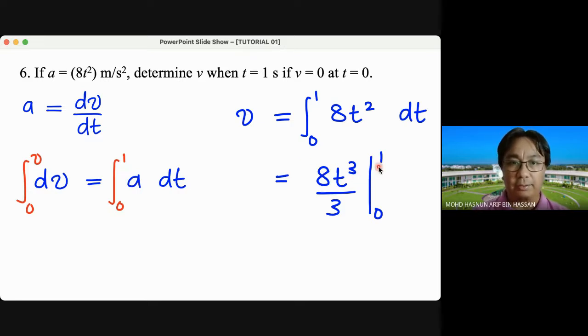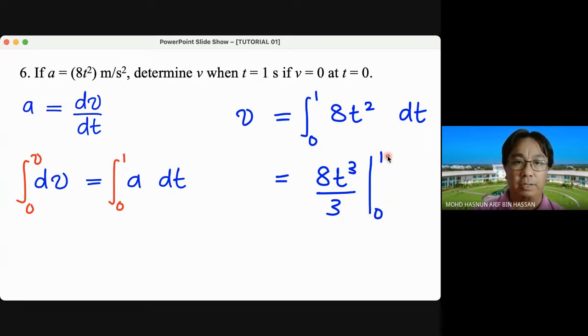When you integrate, basically you substitute the upper limit in t here. So you will get 8 times 1 to the power of 3 divided by 3, minus you substitute the lower limit in the function here. So 8 times 0 to the power of 3 divided by 3, basically equals 0. For the lower limit equals 0.